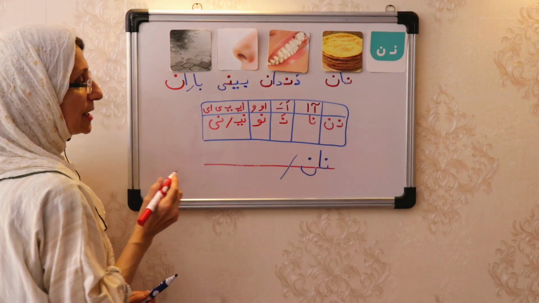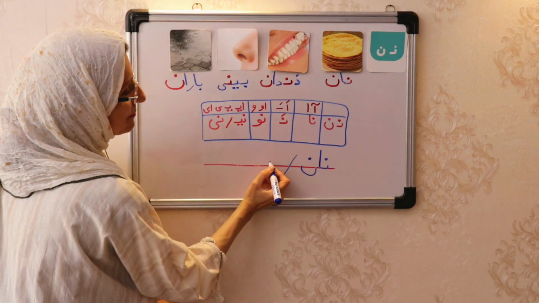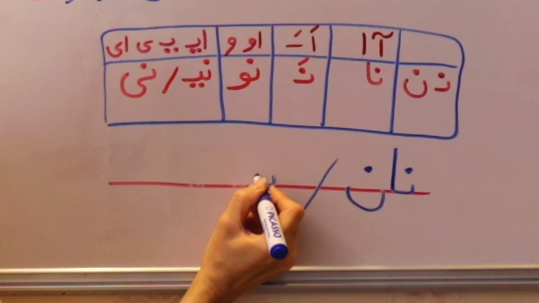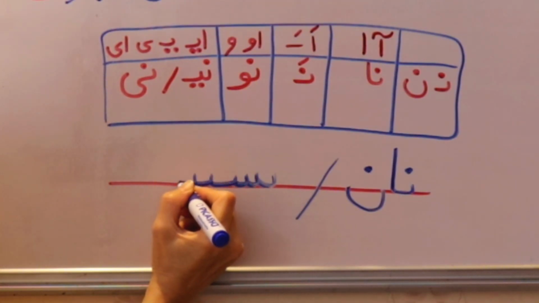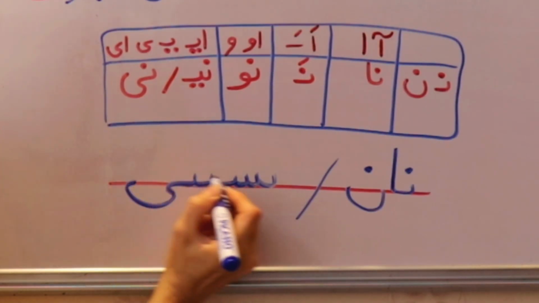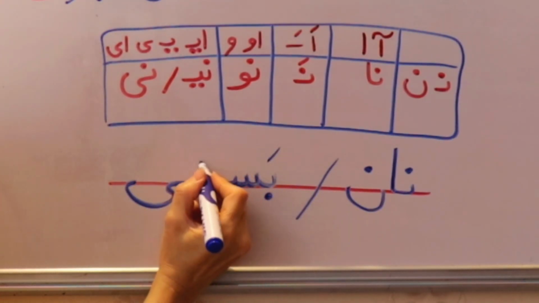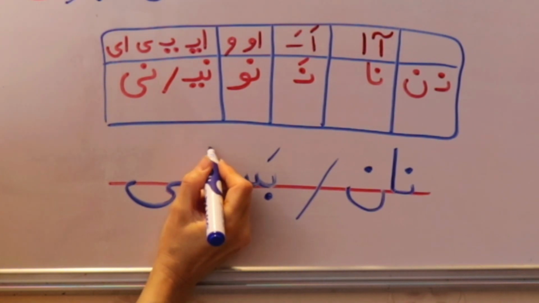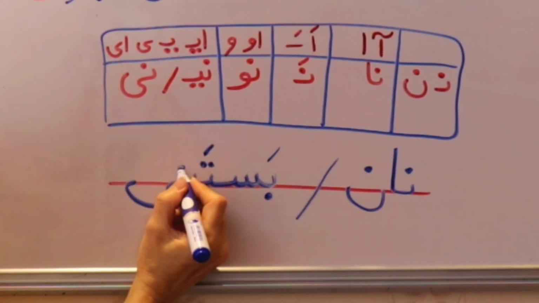For ni, in the first lesson we learned, look at here, we have bastani: te, a, then ne, e.